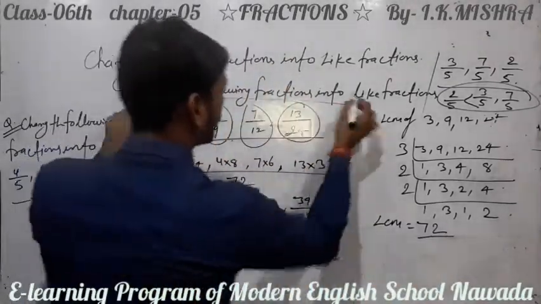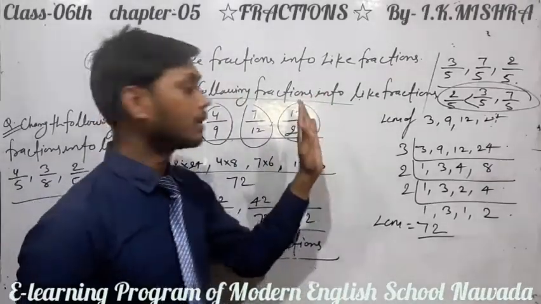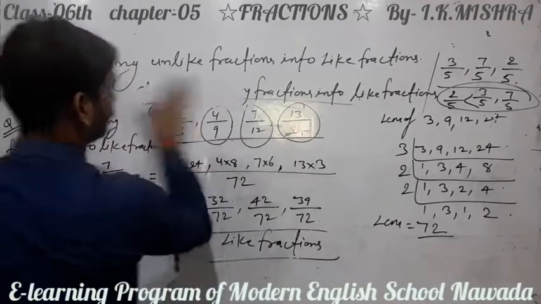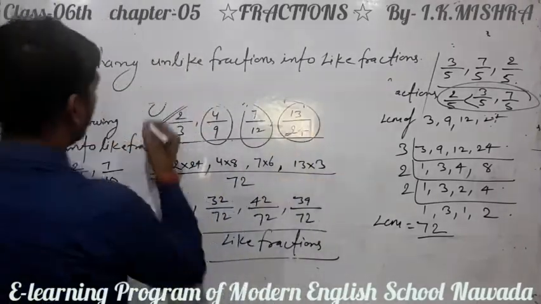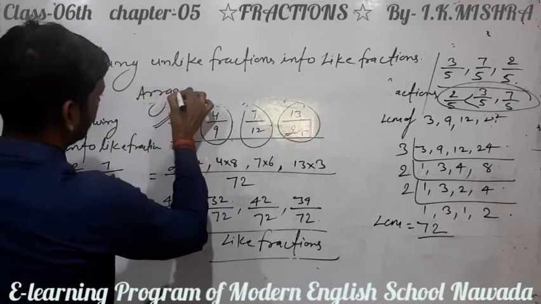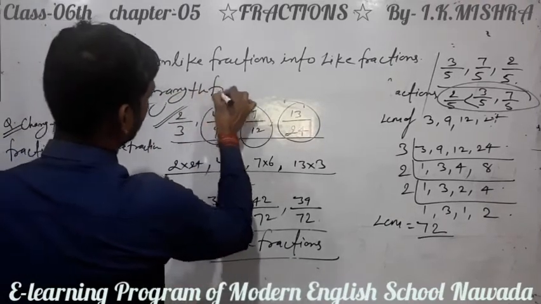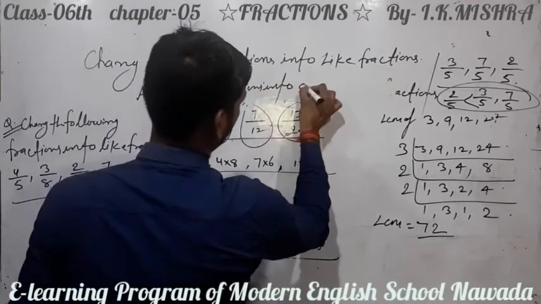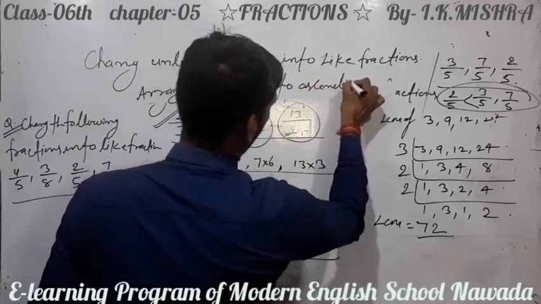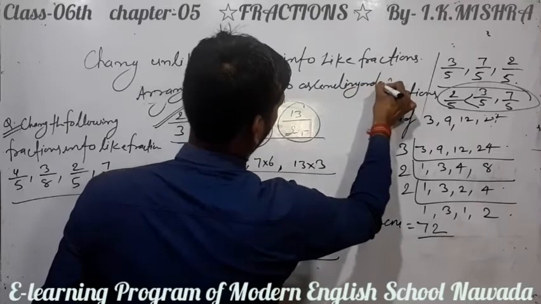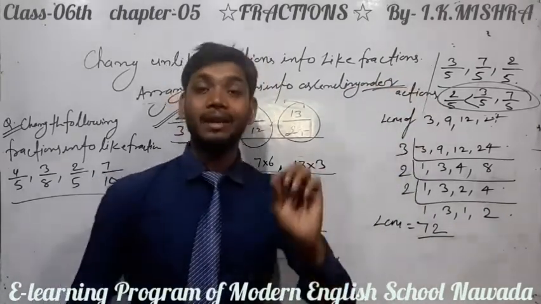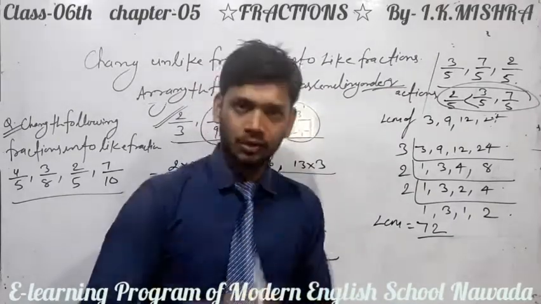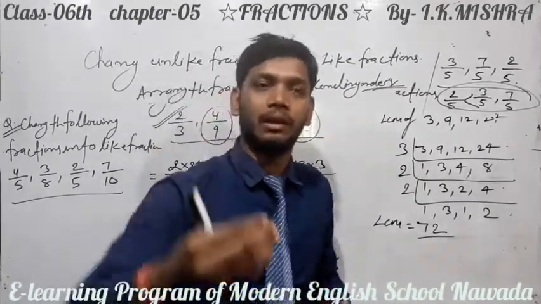Here I write the question: arrange the fractions into ascending order. Here students, we have to arrange the fractions into ascending order. That means first of all find which fraction is smaller and which fraction is larger.